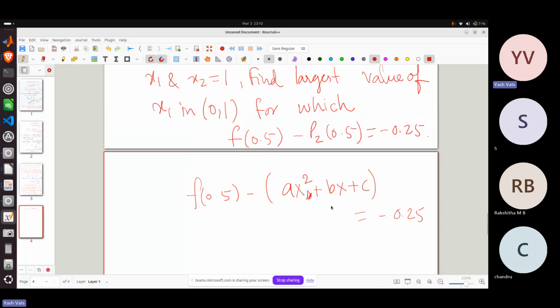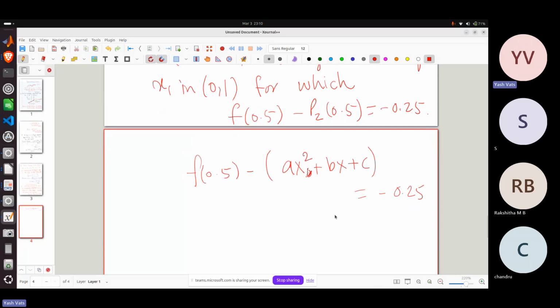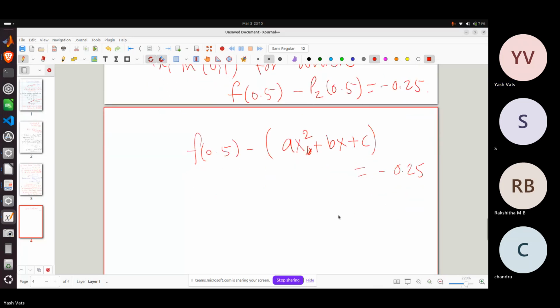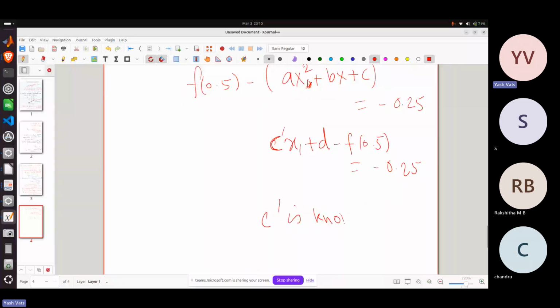So you will get somehow an expression of x1, like c prime x1, and some f at 0.5 is equal to minus 0.25, and d is known, c prime is known, and f at 0.5 is known.